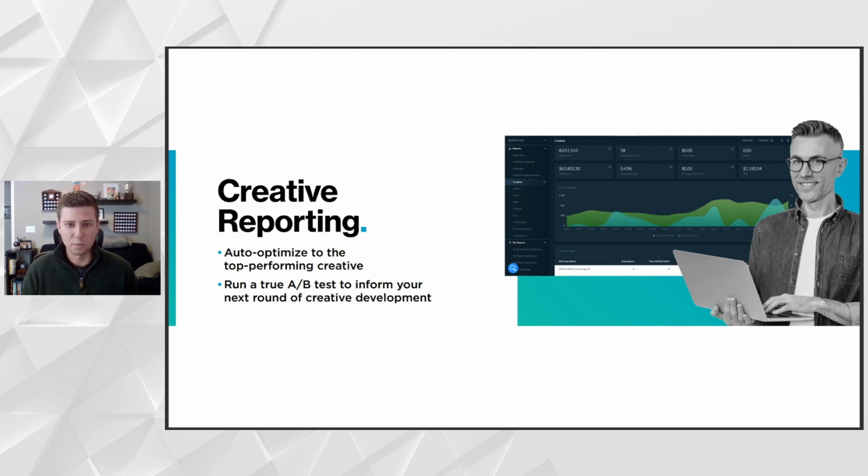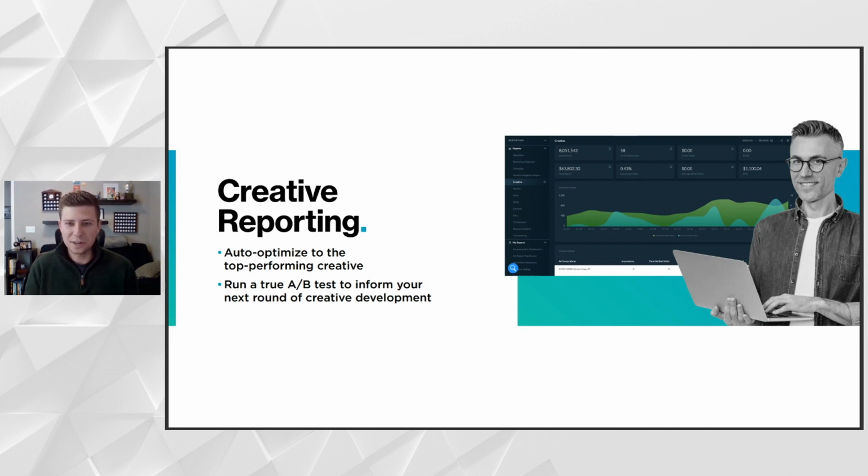But of course, the creative reporting here in the dashboard is very straightforward, very easily filterable by different creative versions and creative types. So you can take a look at everything that you're running, get those very high level insights, or drill down into specific versions and get performance estimates and insights at the creative level.